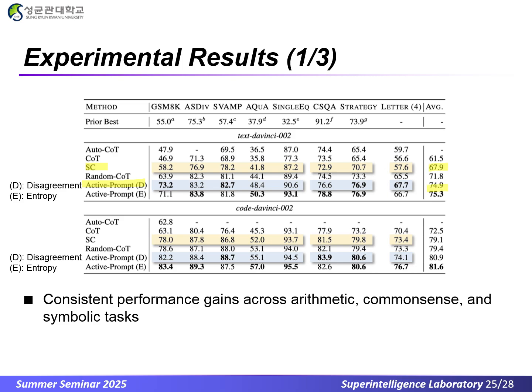And on Code DaVinci 002, it increases by 1.8 points from 79.1% to 80.9%. The biggest improvements occur on GSM-8K, AQUA, and last letter concatenation. In other words, actively selecting high uncertainty questions as exemplars consistently boosts performance compared to self-consistency.